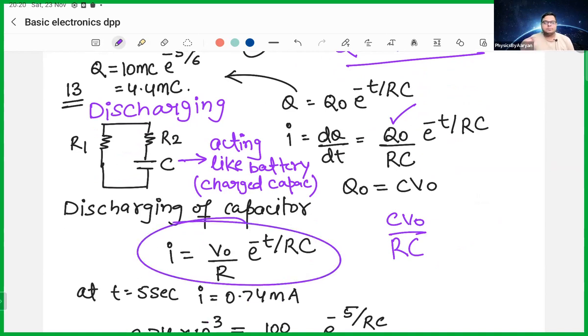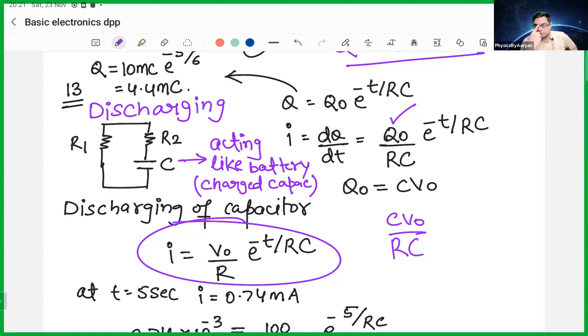This is how your current will be there in the circuit, and you can clearly see current will also decrease with time, because ultimately your capacitor will be gone. That means it will be completely discharged, and the current will become zero. So in the discharging of the circuit, the charge on the capacitor is decreasing, and the current in the circuit is also decreasing.